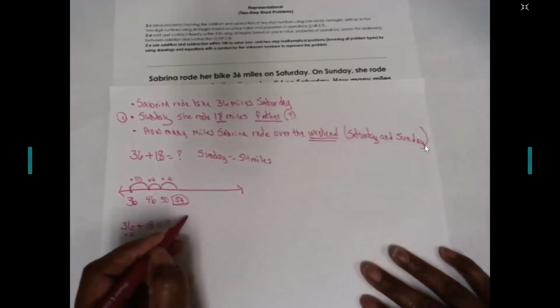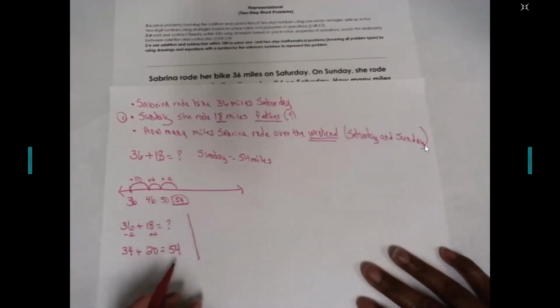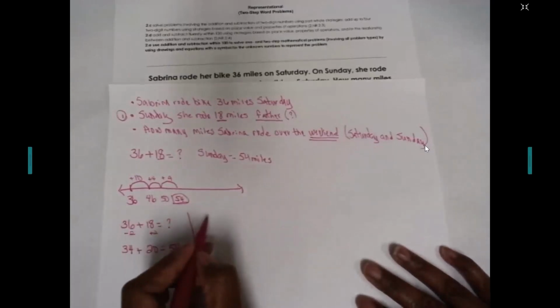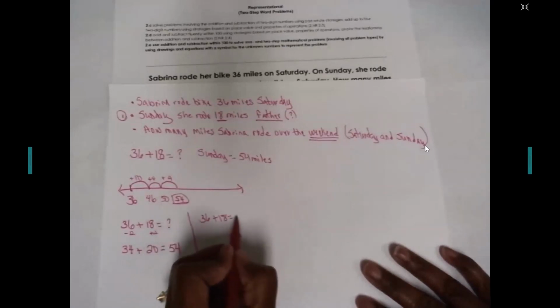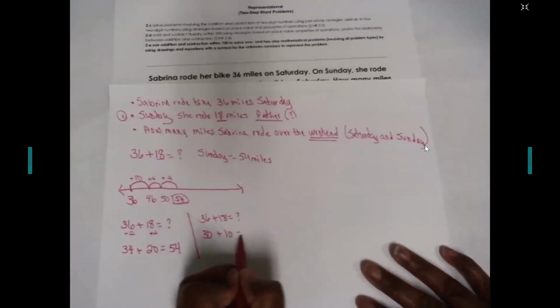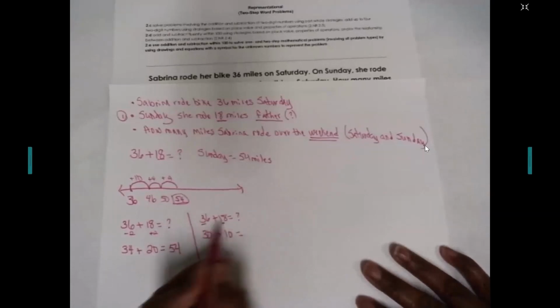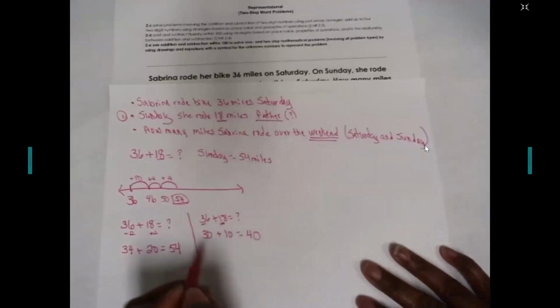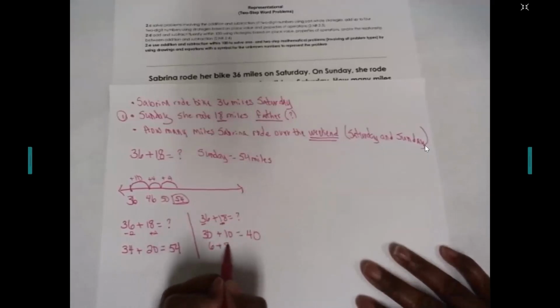You also may see some students that just off place value, they add their 10s and add their 1s. So out of this same equation, some students may say 30 plus 10, your 3 in the 10s place and your 1 in the 10s place, equals 40. 6 plus 8 in your 1s place equals 14.